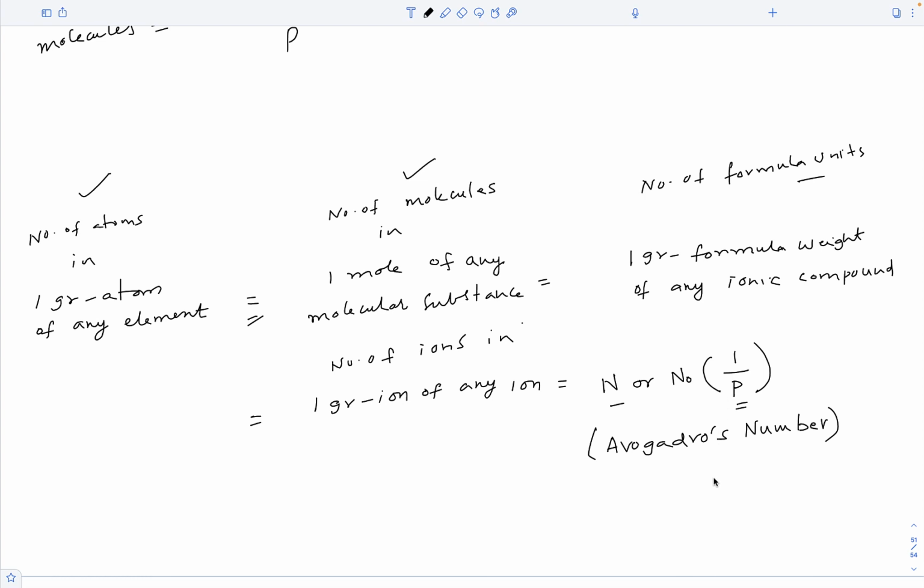And in honor of Amedeo Avogadro, this number is named after him. It is denoted by capital N or capital N with the subscript 0. It was named after him a few years after he passed away. So there is no chance that Avogadro knew the value of his number, whatever it is.